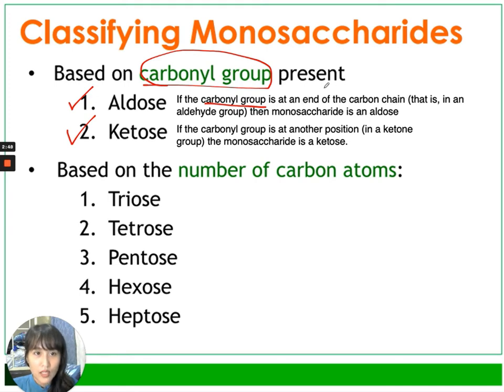That is, an aldehyde group, and the monosaccharide is called an aldose. On the other hand, ketoses are monosaccharides wherein the carbonyl group is at another position, in a ketone group. So that is the difference between aldose and ketose.